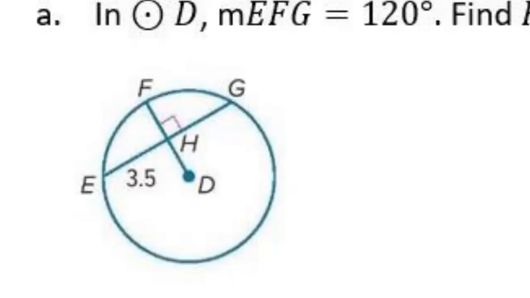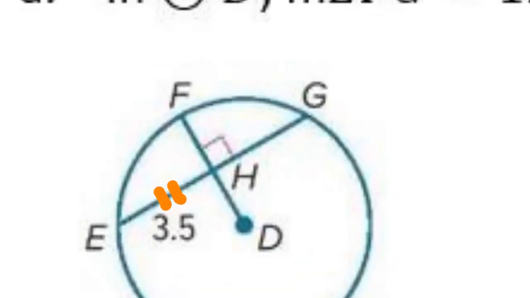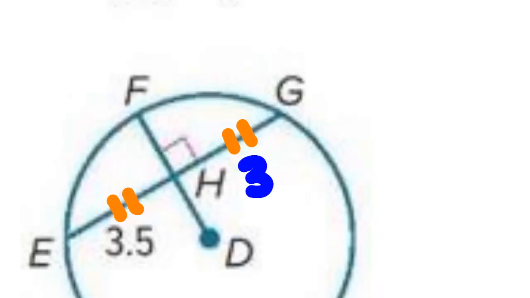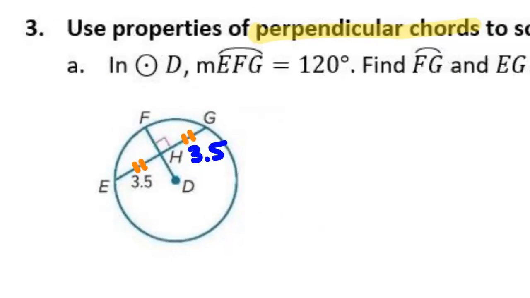Right angle mark. So that means it's bisecting my chord. So EH and HG would be the same size. We know how big EH is. How big is EH? 3.5. So how big would HG be? That would also be 3.5.